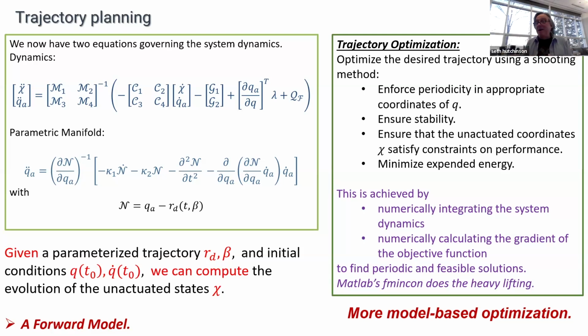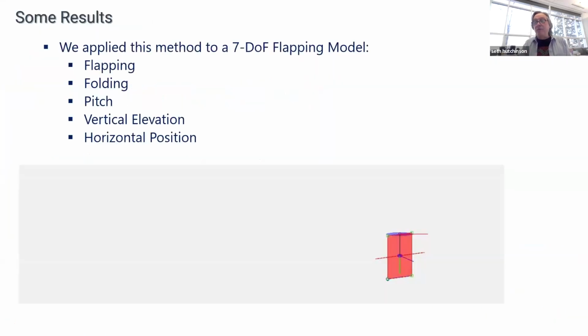We want to minimize the expected energy, or the expended energy, rather. And we can do all of that just by using a shooting-based method optimizer. And we used fmincon to do all of this, right? And how do you do that? You numerically integrate the dynamics forward, you numerically calculate a gradient of the objective function, and you iterate on that until you arrive at a trajectory.